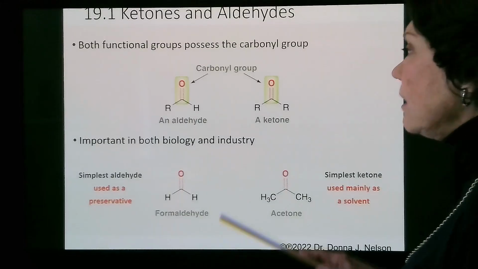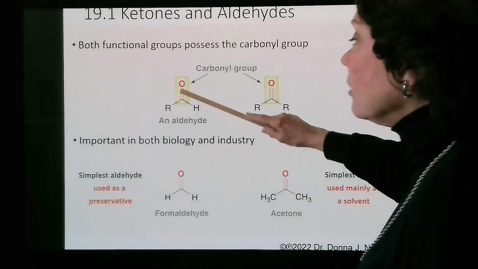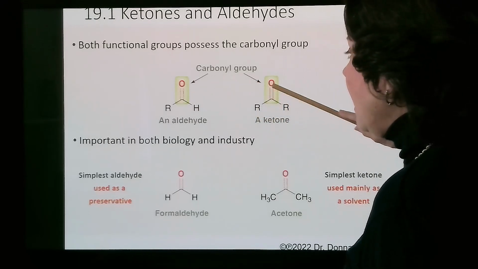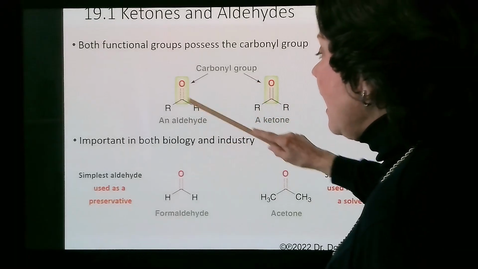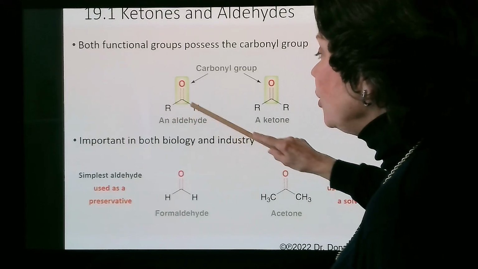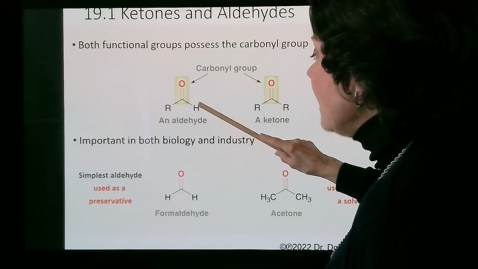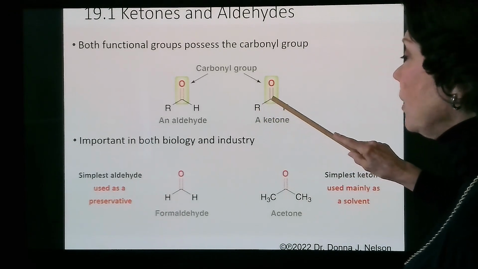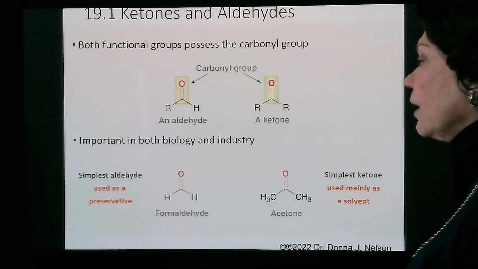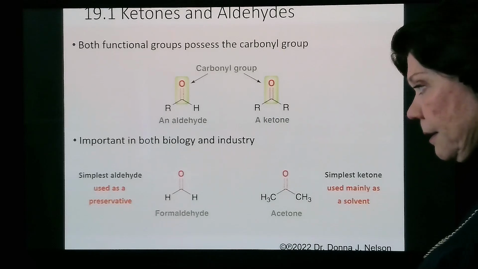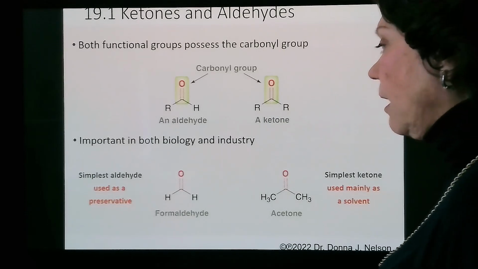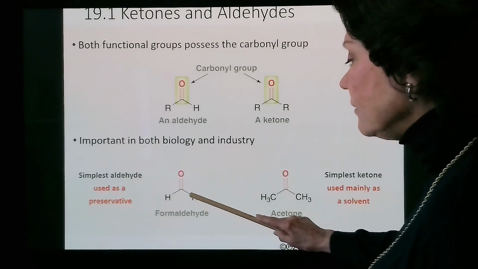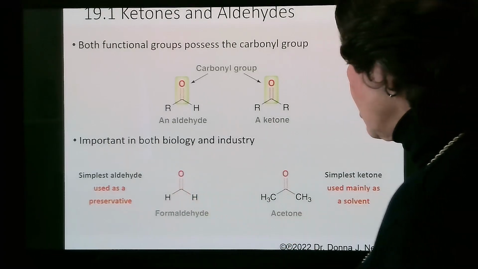Ketones and aldehydes are similar in that they each have a carbonyl group. An aldehyde has one alkyl group attached to the carbon and one hydrogen. A ketone has 2 alkyl groups attached to the carbon bearing the double bond. The simplest aldehyde, formaldehyde, has 2 hydrogens attached to carbon.